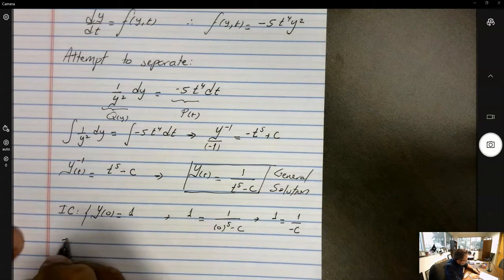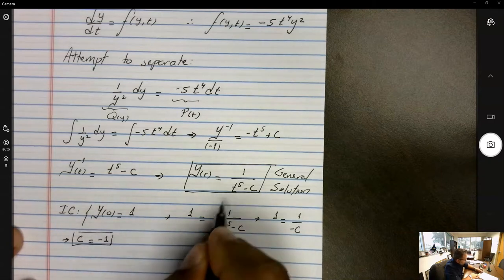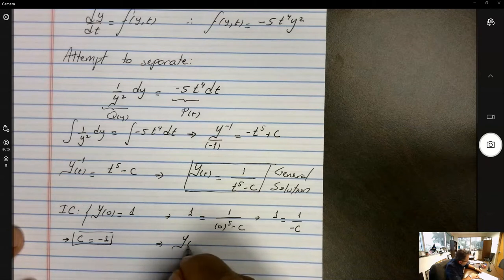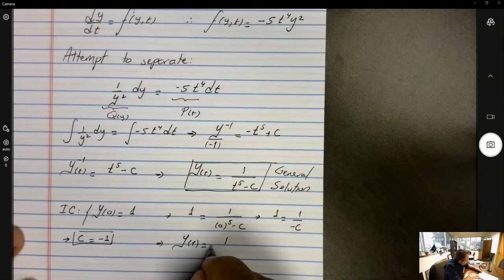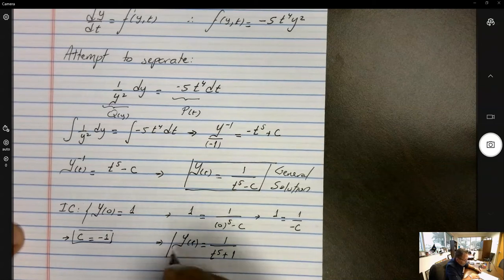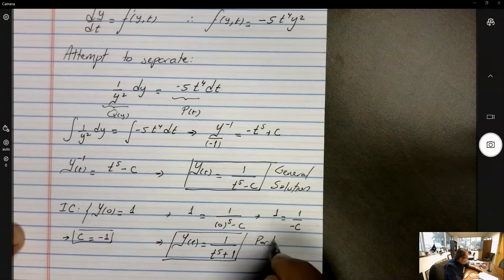And that means that c is equal to minus 1. So when we plug that into the equation, we get y of t equals 1 over t to the 5 plus 1. And this is called the particular solution.